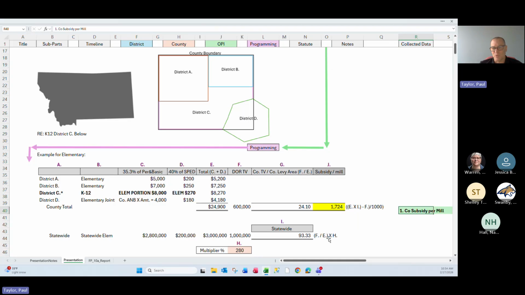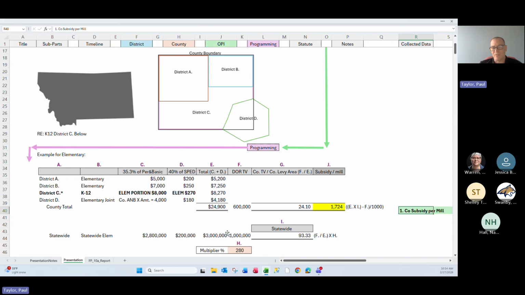I is this formula, but at a statewide level. Remembering we did this for the county up here, E, F, G. Now instead, we're going to take E, F, and this guy, H. We're going to do the same calculation. So we're going to take the taxable wealth of the entire state, and we're going to divide it over the levy area of the entire state.